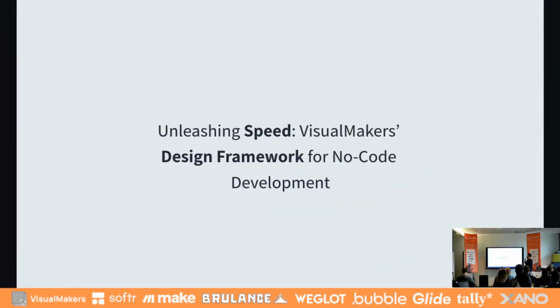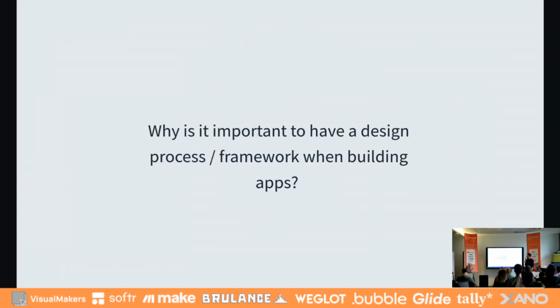Today's topic: unleashing speed with our design framework that we have for building no-code applications. And first of all, why is it important to have a design process or framework when building no-code apps?